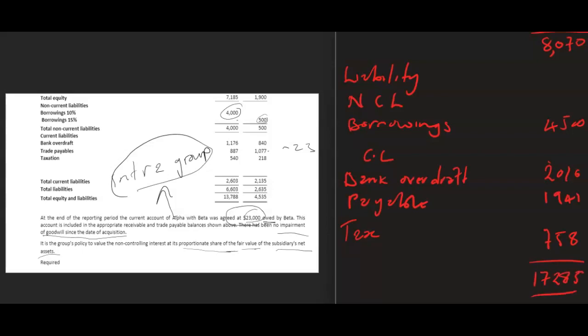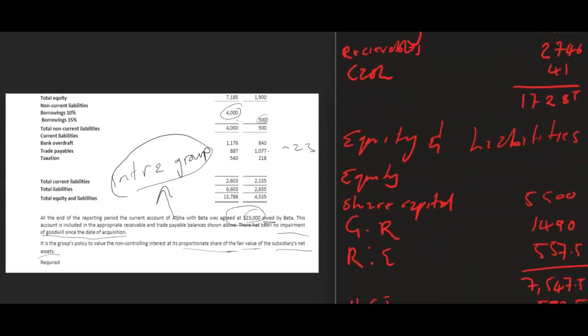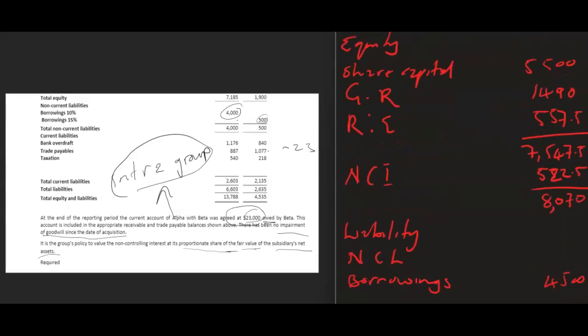Now, have you realized that this amount is equal to that amount? So the asset side and the liability side are balancing. Okay, so what are we saying?